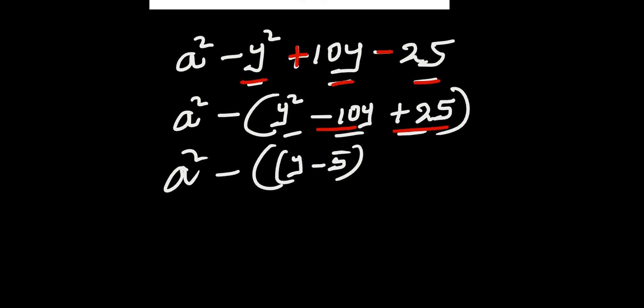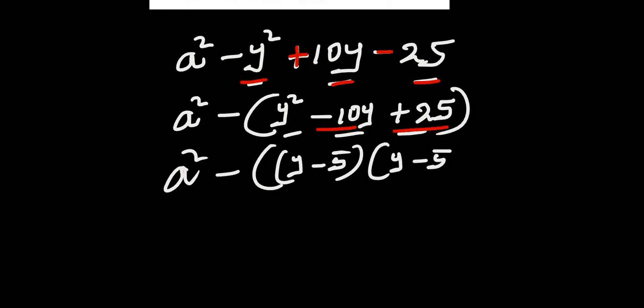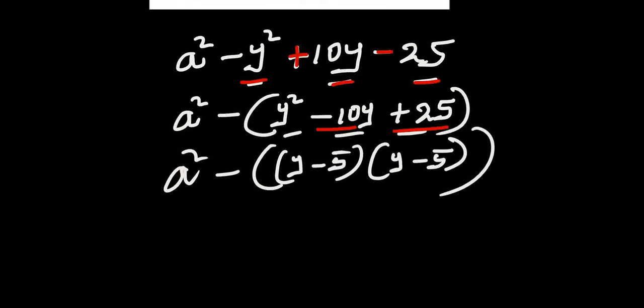Let's put that in smaller parentheses: y minus 5. Good. So we have been able to factor these three terms we enclosed in parentheses.